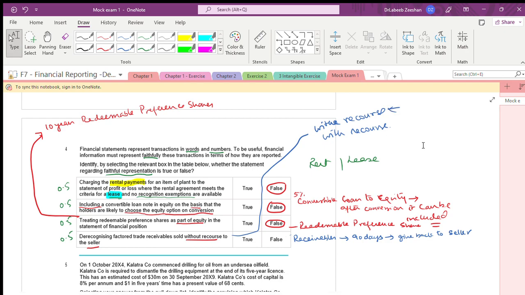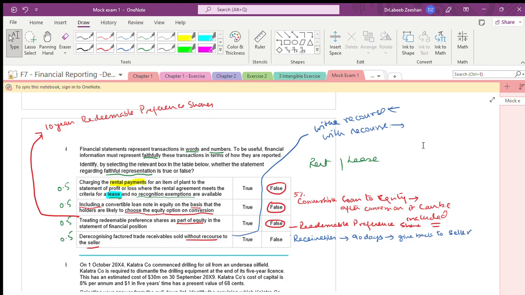With recourse, you will take the responsibility. Yes, the commission will be more, and the risk will be less. Without recourse, what will they do? If nothing is happening, definitely you have taken my receivables from me. I sold my receivables for 90 days.